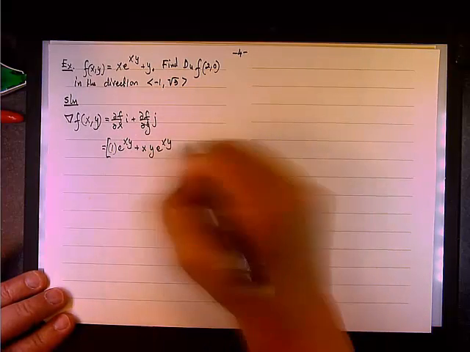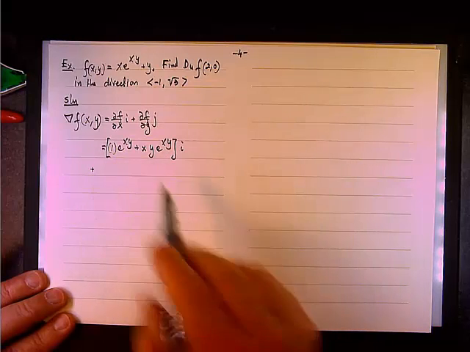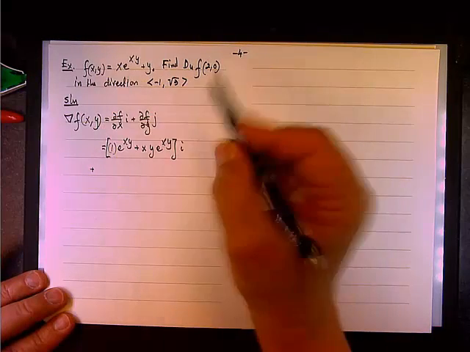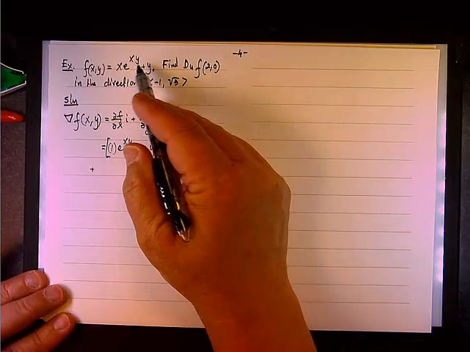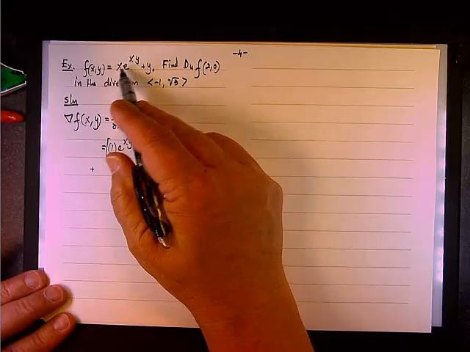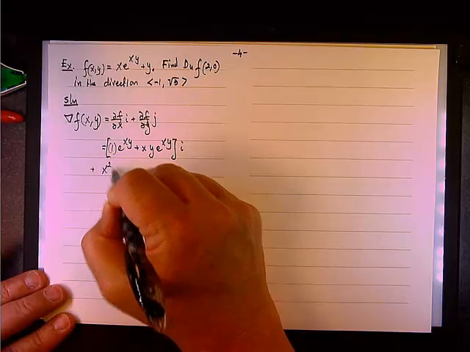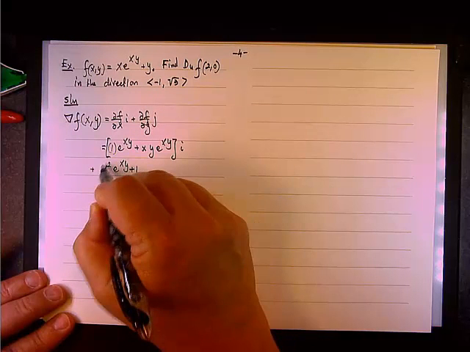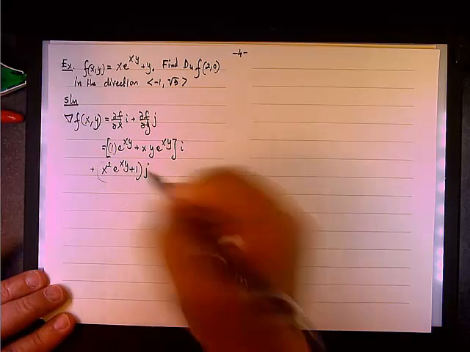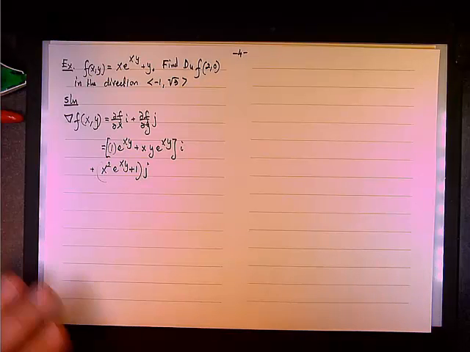Okay? And then plus the derivative of y with respect to x is 0, so this is pretty much what we have in the i direction. What do we have in the j direction? Well, the derivative of x e to the xy with respect to y will be x times x, so it will be x squared e to the xy plus 1.